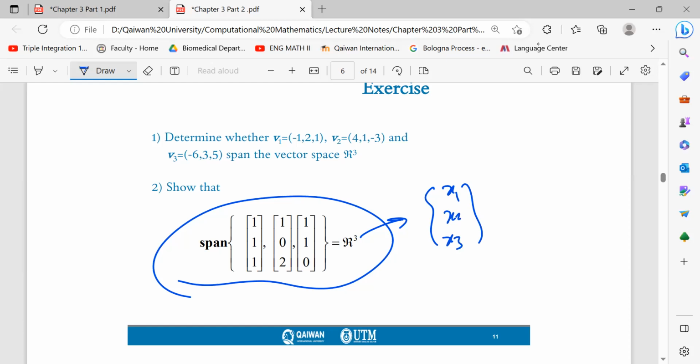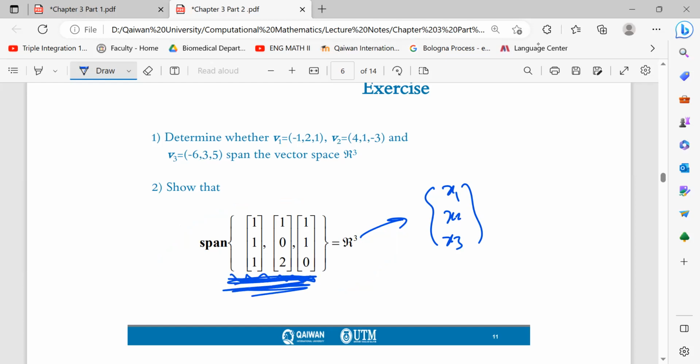It's the same as above. It says show that this spans R3, and this one is the same. It says these 3 vectors span R3. So change to this form and work on it.